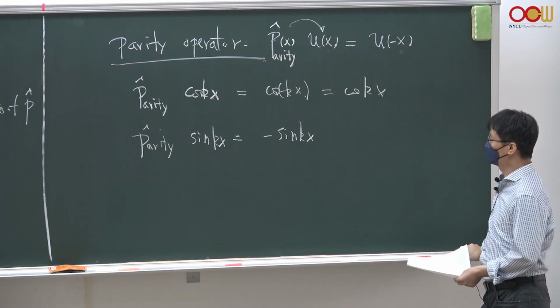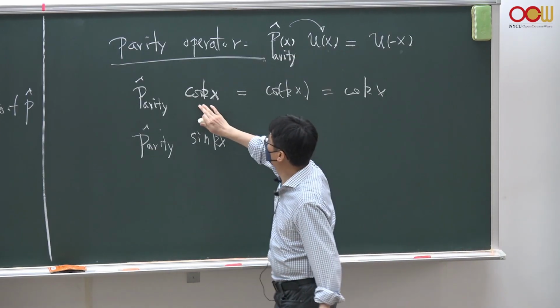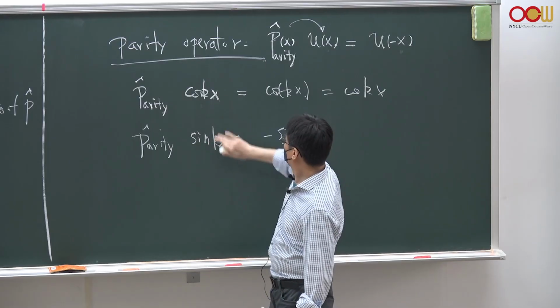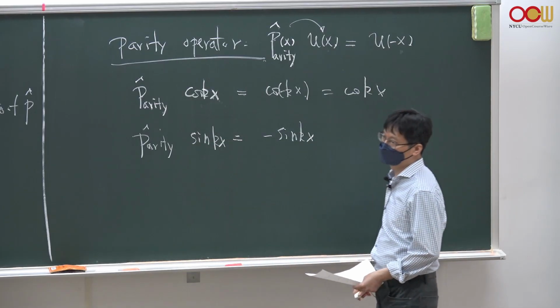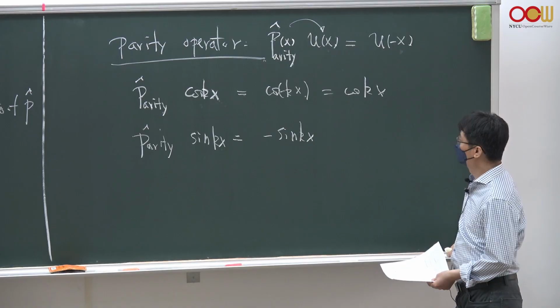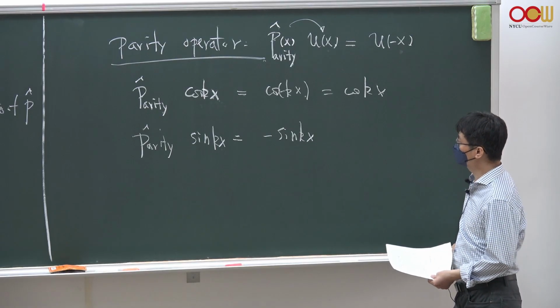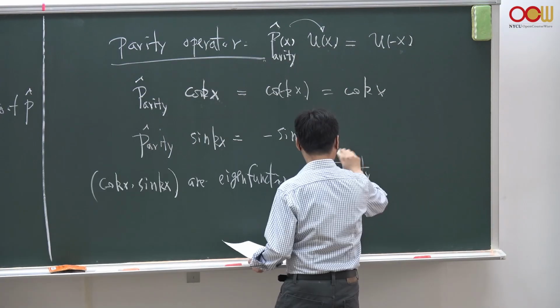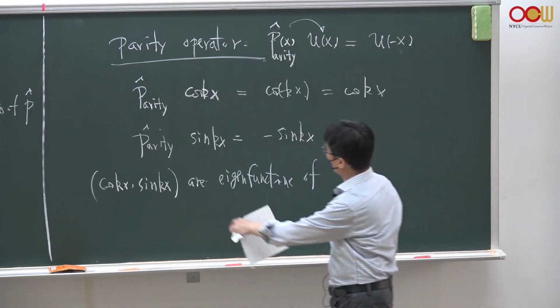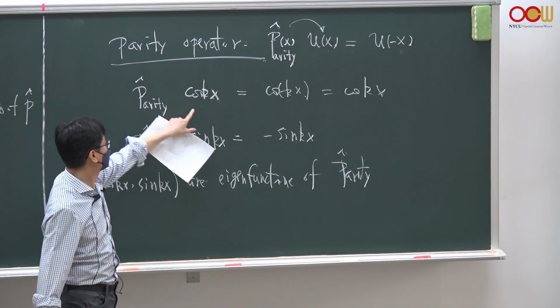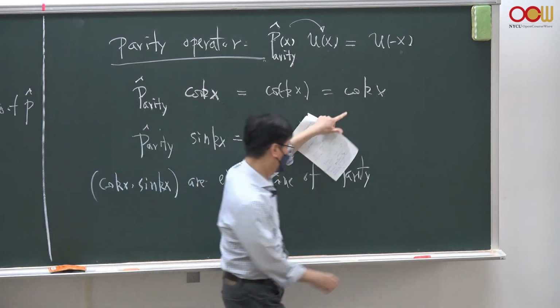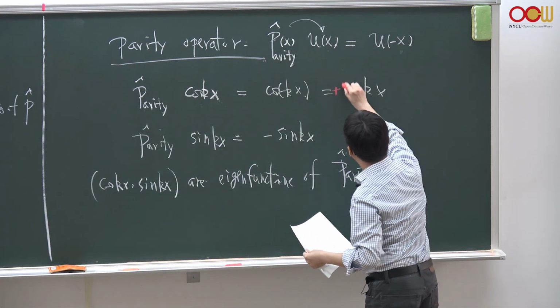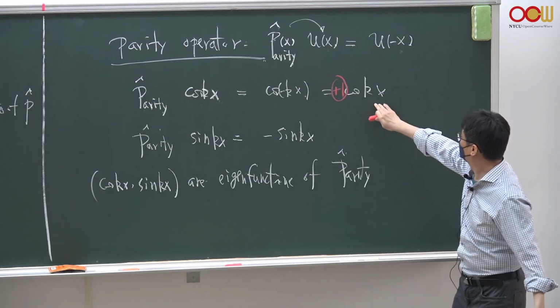So in other words, the even parity and odd parity should actually behave in the opposite way, right? But both cosine and sine are eigenfunctions of parity. Because, as I mentioned, this operator acting on this cosine gives you +1 as an eigenvalue times itself, right?